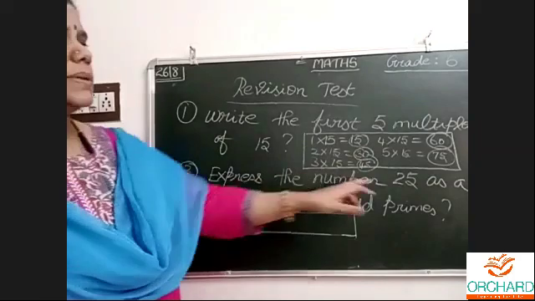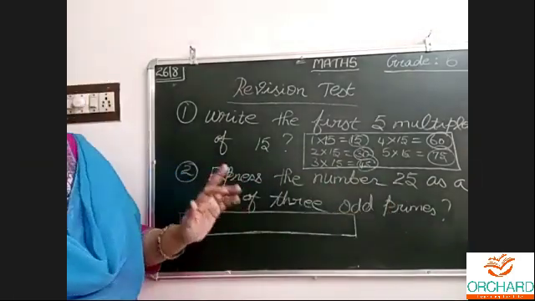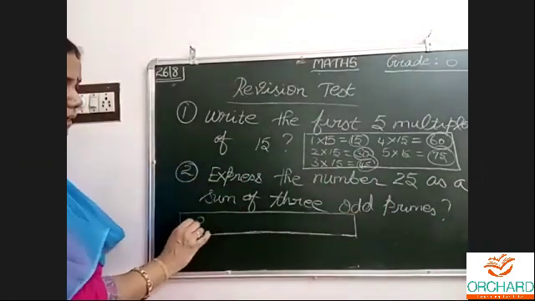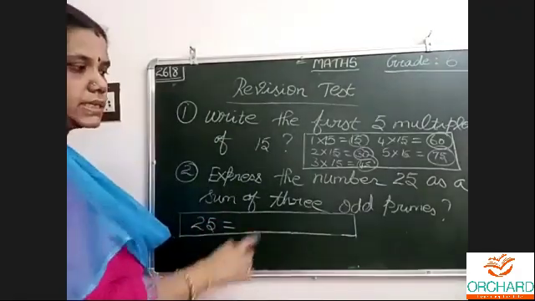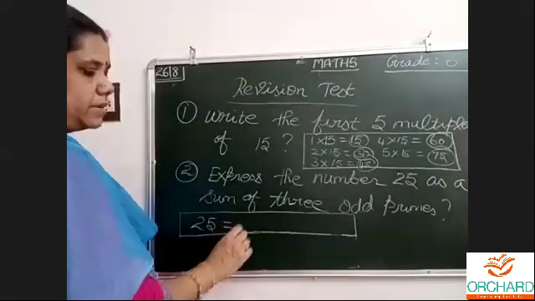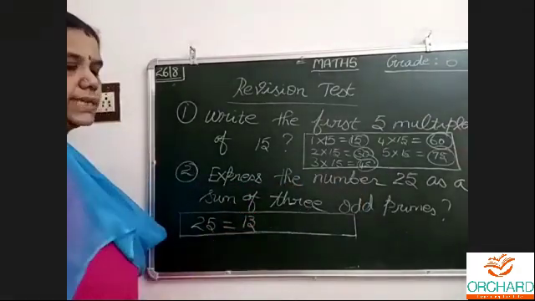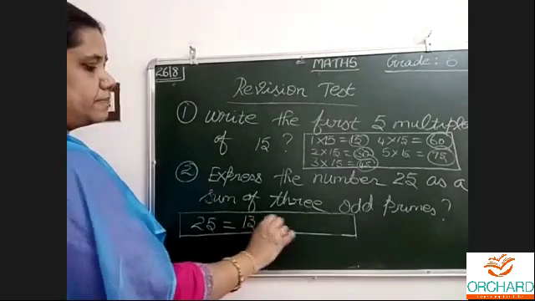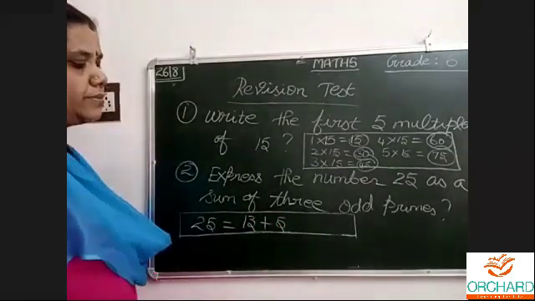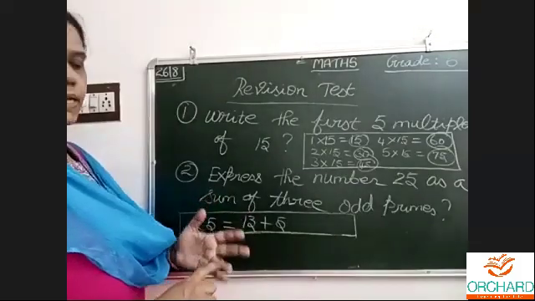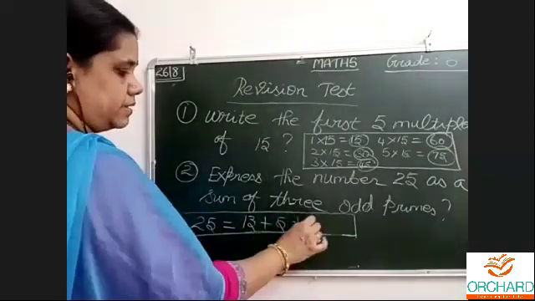Next. Express the number 25 as a sum of 3 odd prime numbers. You have to write something like this: 25 is equal to, I need 3 numbers, and I want only odd numbers. 13 is an odd prime number. 5 is an odd prime number. 13 plus 5 is 18, 18 plus 7 is 25.